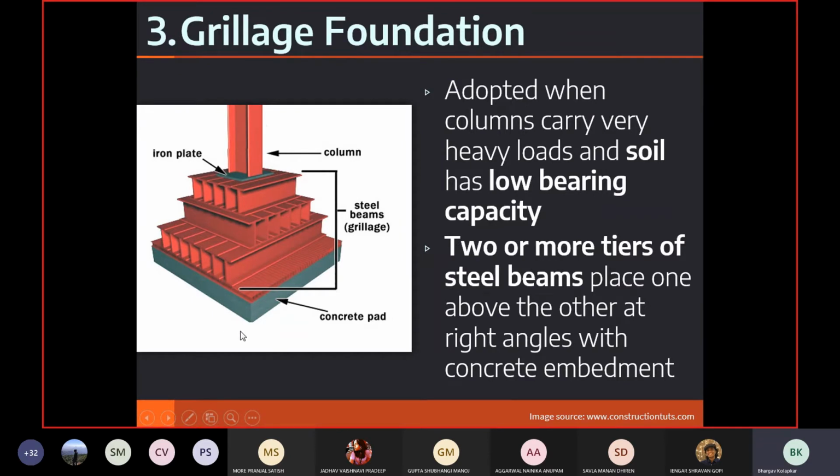Then there's a 150 millimeter concrete pad, and then we place the first set of beams, and these beams are separated by approximately 100 to 300 mm, and then we place the second, and if required the third. Then there's the base plate, and then there's a column, and this entire arrangement is then encased, the concrete is poured in and around this entire arrangement just to protect it from any possible corrosion.